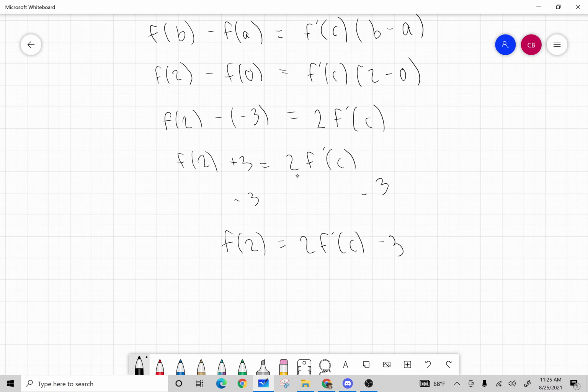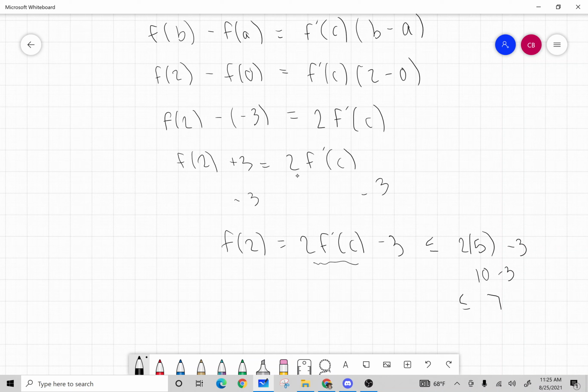But now we have to use the fact that f prime of c is less than or equal to 5. So this must be less than or equal to 10, right? Because if you plug 5 into this, this is 10. And so we have 2 times 5 minus 3, which is 10 minus 3, which is 7.